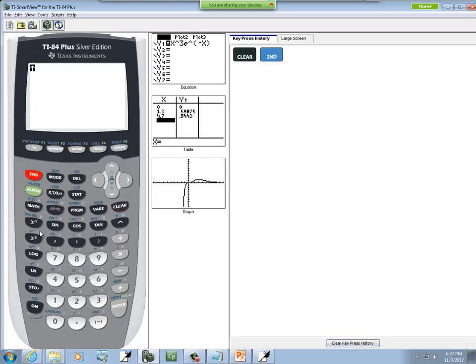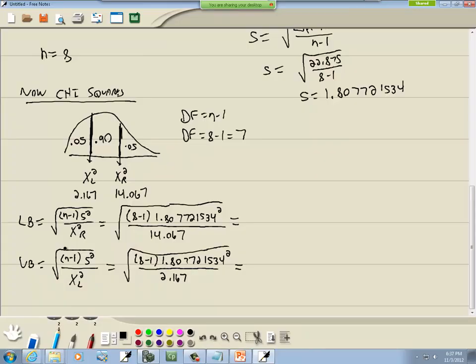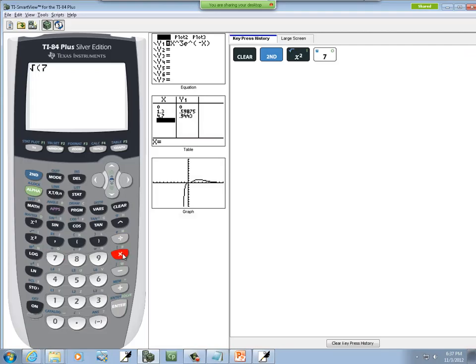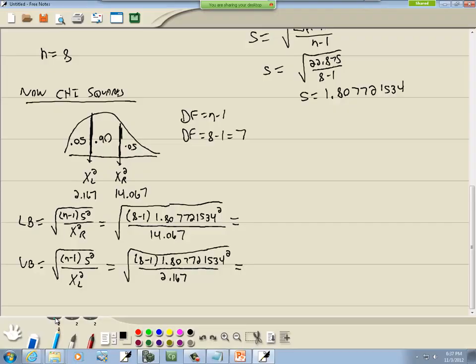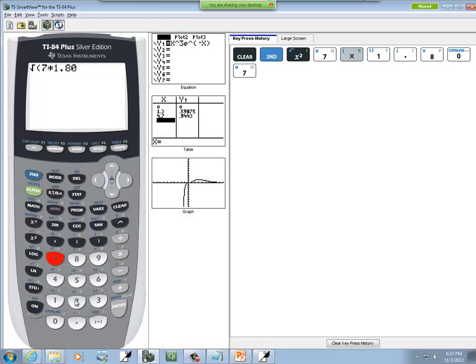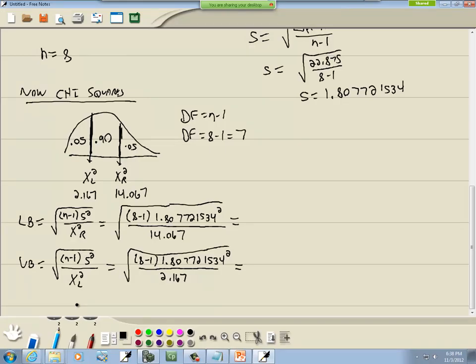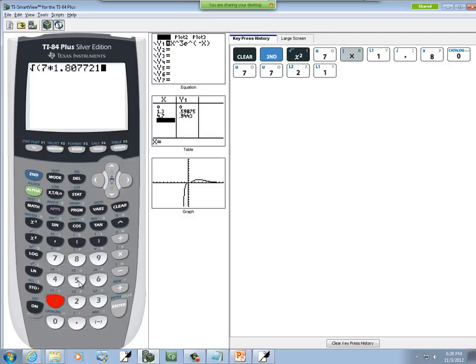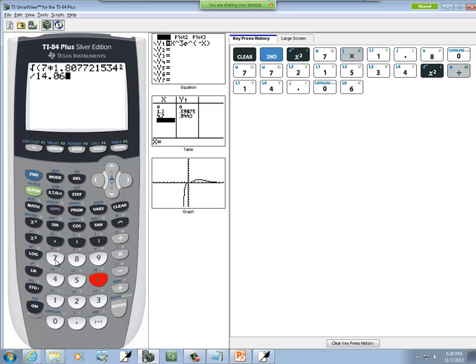So I'll do my second x squared for the square root. Then we got 8 minus 1, which is 7, times 1.807721534 squared divided by 14.067.